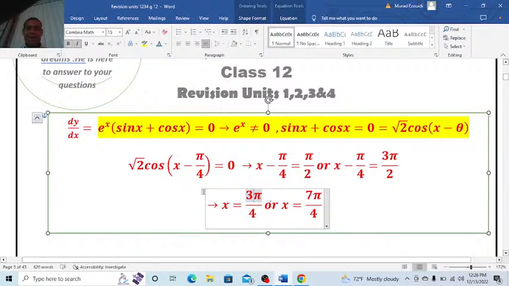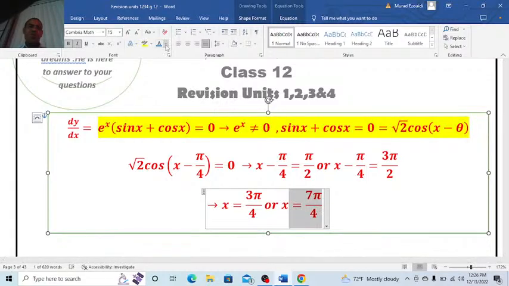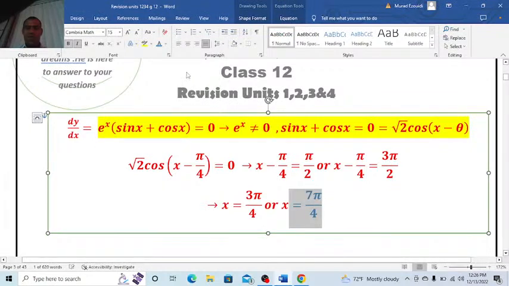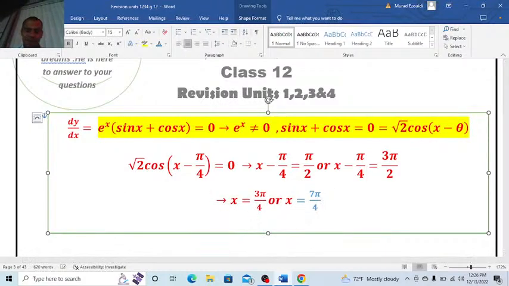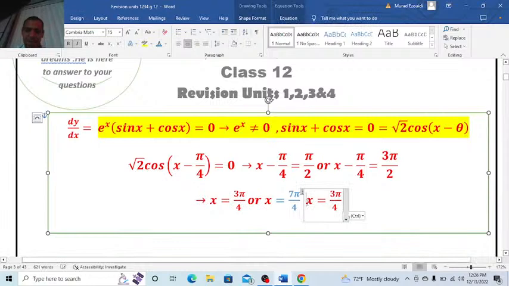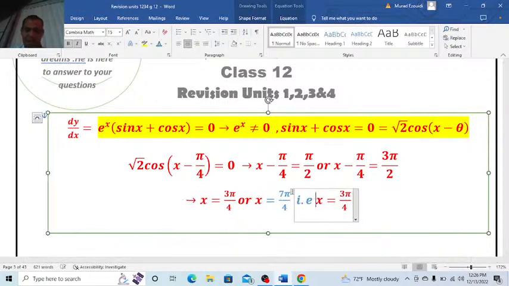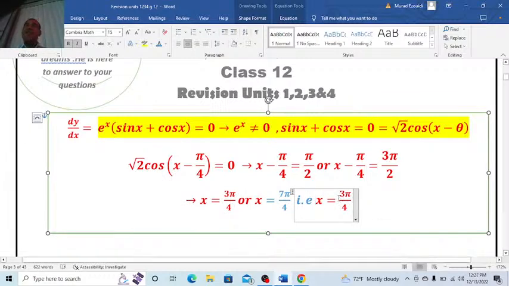But learners, 7 pi over 4 in fact lies outside the interval, so that's why we are going to exclude this one. The correct answer now is this. Therefore x is 3 pi over 4, which is more than 0 and less than pi.